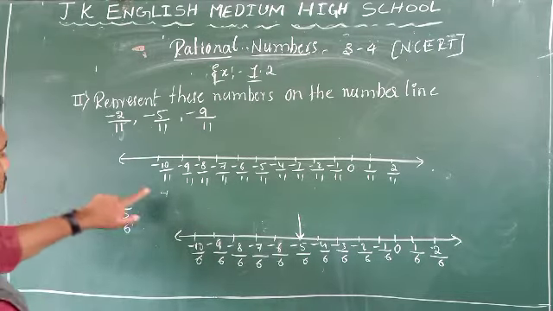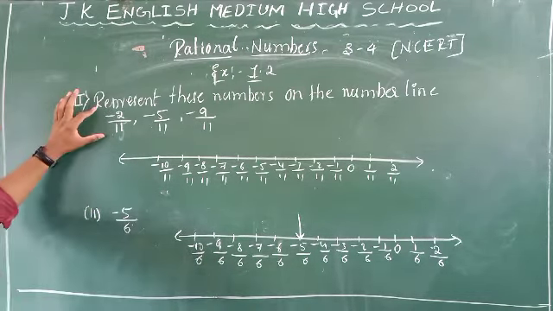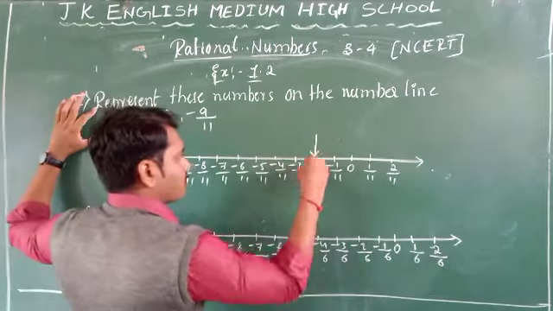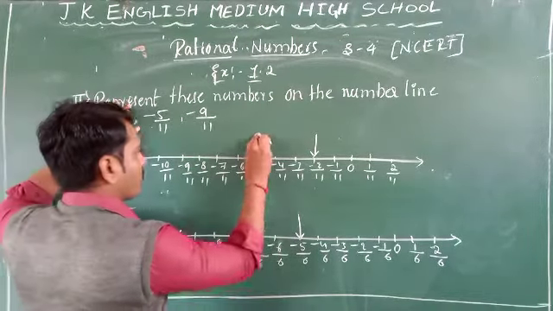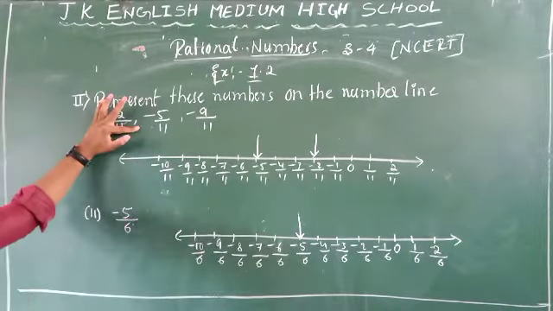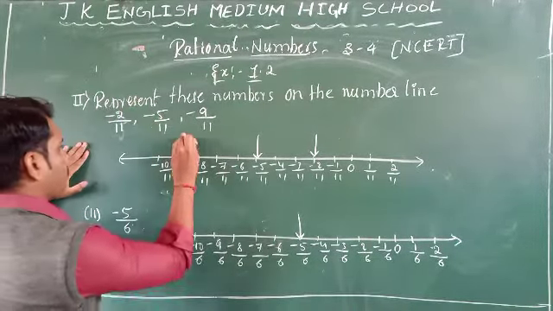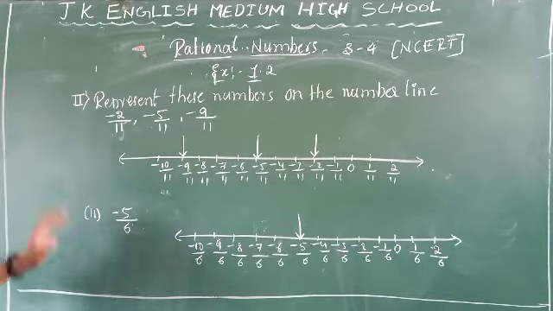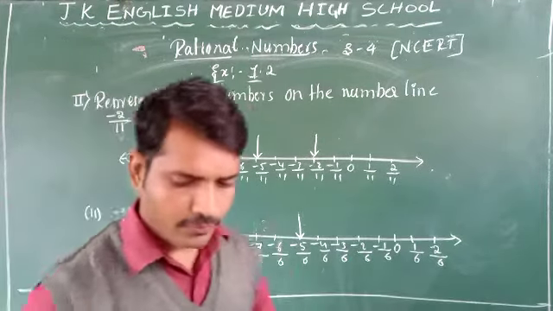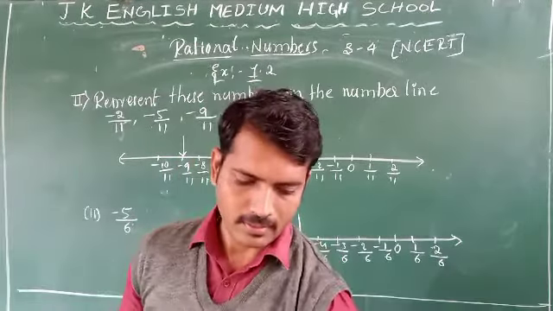Here, where is minus 2 upon 11? This is your minus 2 upon 11. Next, minus 5: this is minus 5 by 11. Minus 9: this is your minus 9 by 11. So these are the representations on the number line.